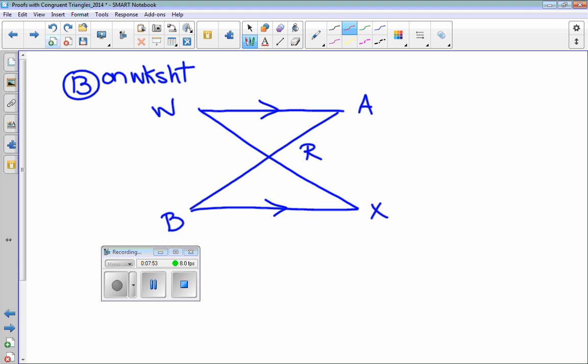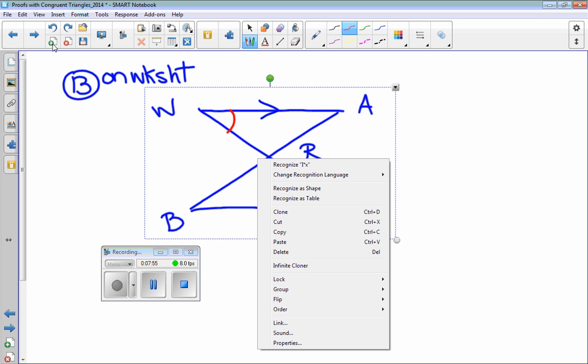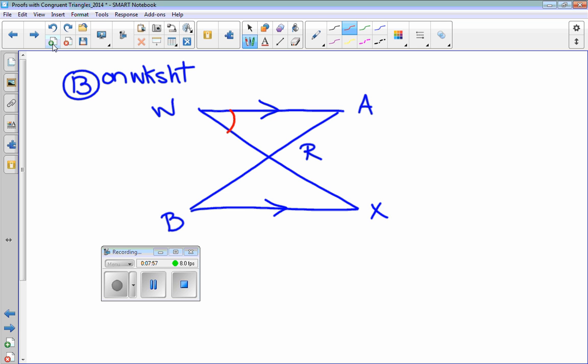Alternate interiors. So angle W would be congruent to angle what? X. Good. Is there another pair of alternate interiors? Angle A, with a different pair of lines, would be congruent to angle B. I agree.